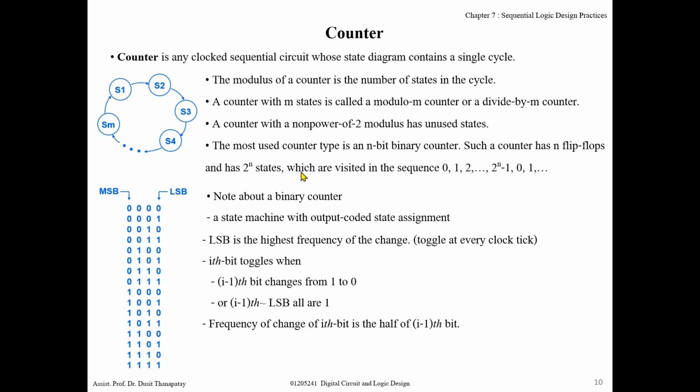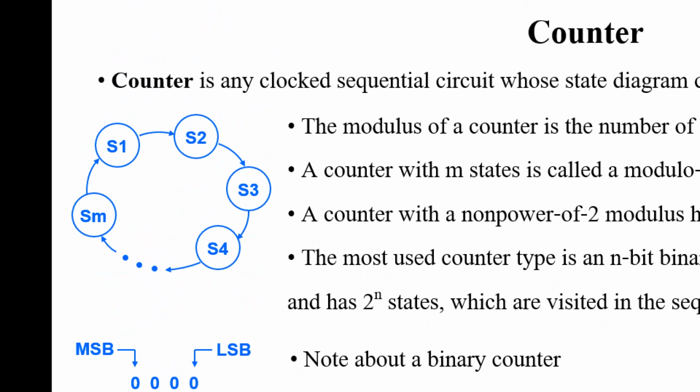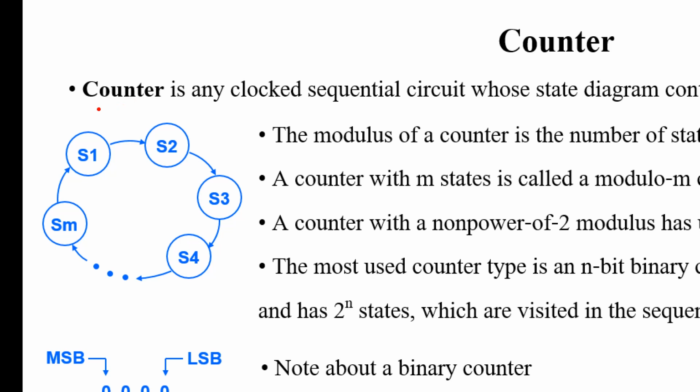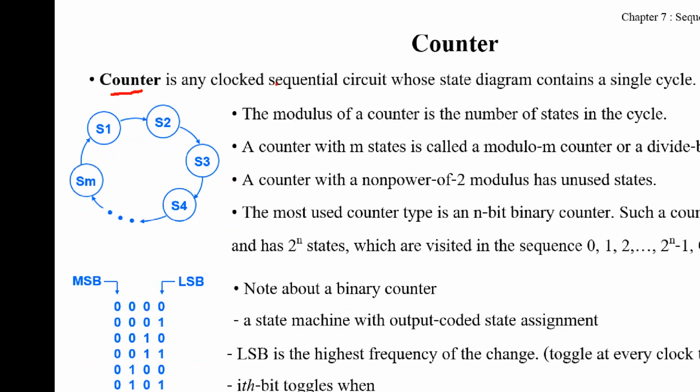The next topic is counter. Counter, what is it? It's a counting circuit. A counter is a clocked synchronous state machine, whose state diagram contains a single cycle like this.